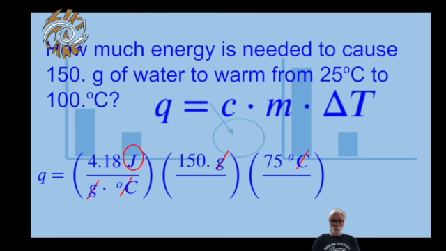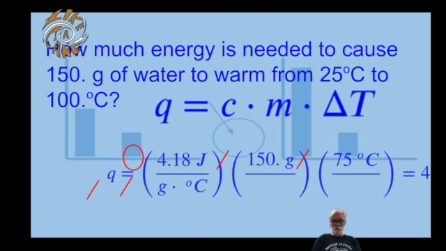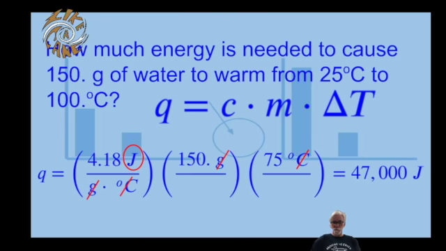Joules are the only unit we're going to have, which is good because heat energy, or energy added through heating, is an energy unit. And so we end up with 47,000 joules. A joule is a pretty small unit of energy, and so often these numbers are going to be quite large. So that gives you a reason to believe that this is a good model. We had an experiment that seems to back it up, and now we have an example of how it can be used.